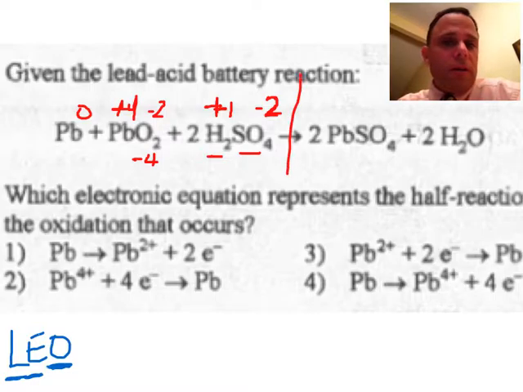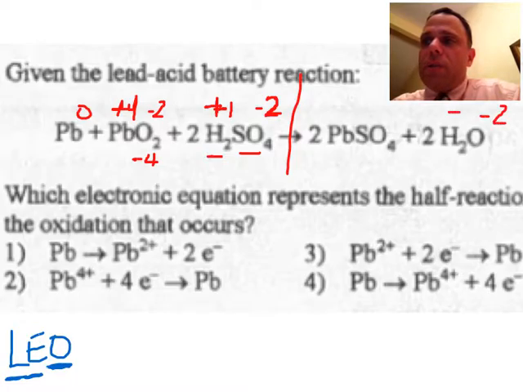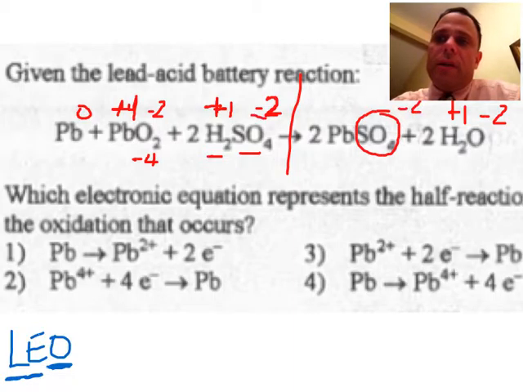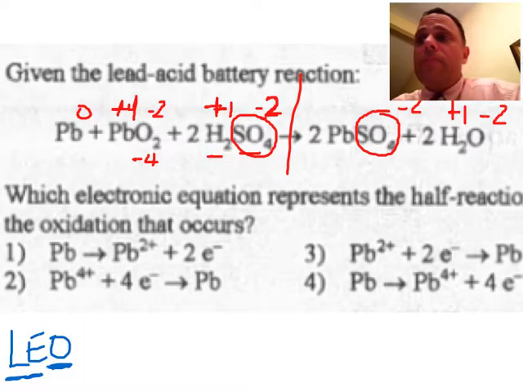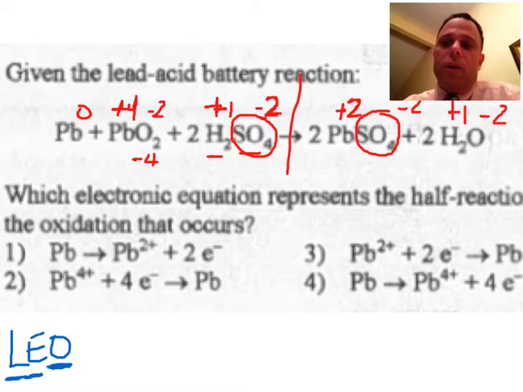Now that's our reactant side. Let's look at the other side. We have a -2 with the oxygen, a +1. The SO4 as a whole is a -2, and that's what I did here. Sorry, I jumped that step. So, -2, this must be a +2. We have a very unique situation here.